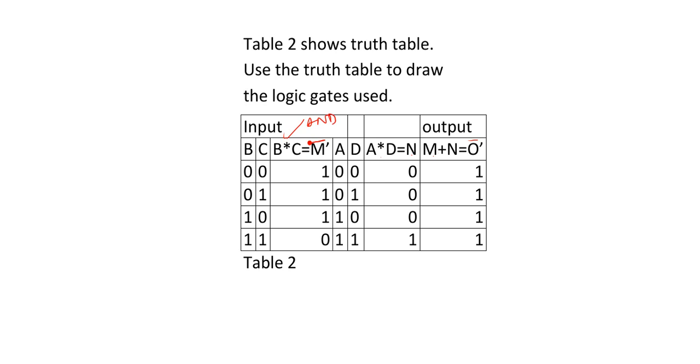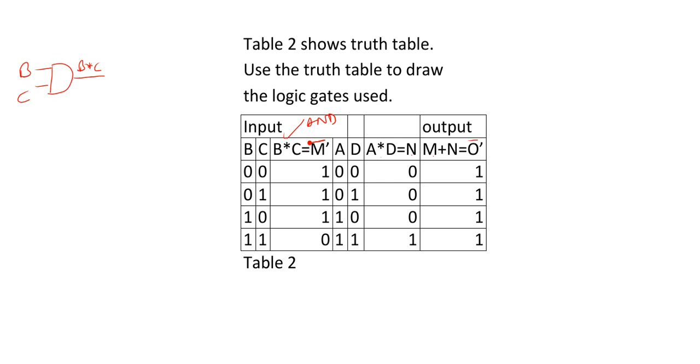So in this case, we are going to take B and C, we put them in an AND gate, and these two will give us B times C, or B and C. Remember, the output at this point is negated.